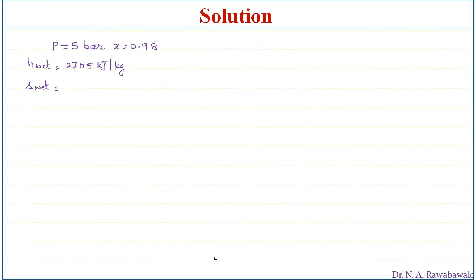The entropy is 6.66 kilojoules per kg Kelvin.